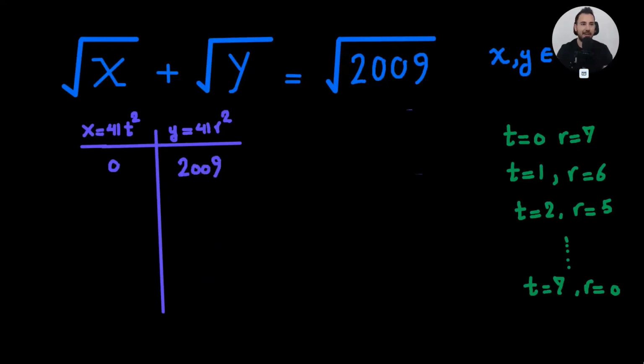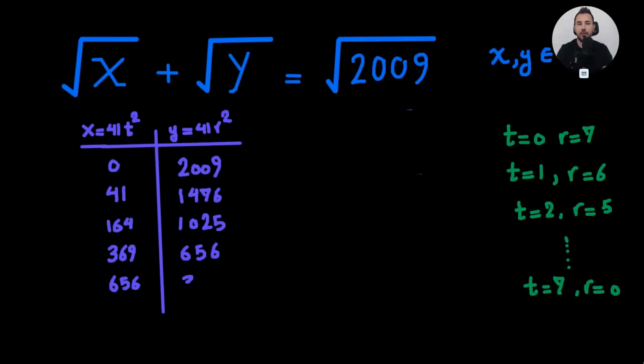The first one is the obvious one, 0 and 2009. This time we're going to get 36 times 41. This is 25 times 41. This is 9 times 41.